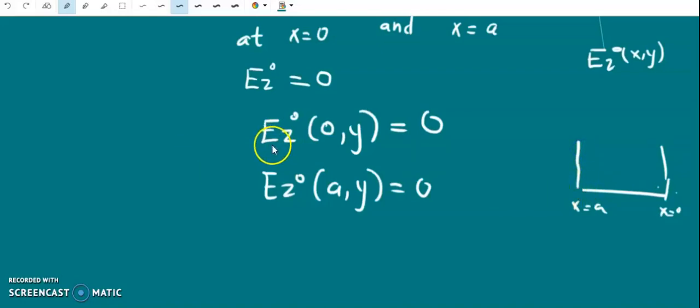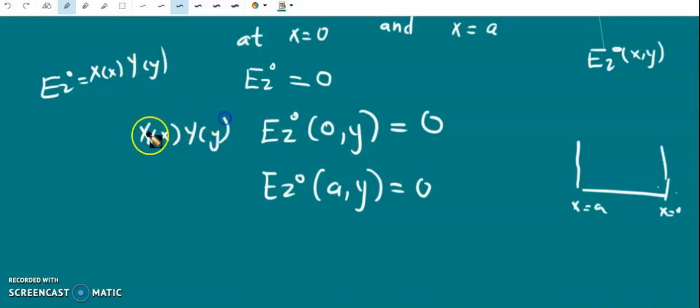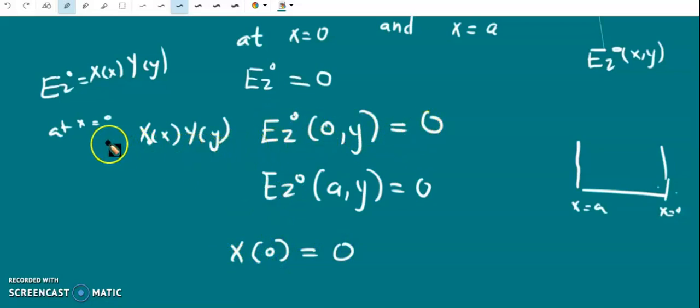But we have seen that Ez0 is written as X(x) into Y(y). So X(x) into Y(y) equal to 0 at x equal to 0. And we know that along the x direction, Y is a constant, and therefore we can write X(0) equal to 0, since Y(y) is a constant depending on the value of y.